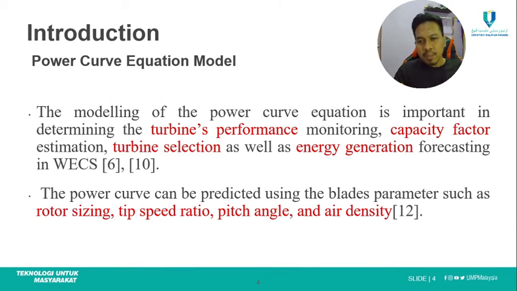What is a power curve model? A power curve model represents the characteristic of the turbine. Each turbine has its own characteristic. For example, we have different types of turbine classification: the vertical axis turbine, the horizontal axis, and the cross flow turbine, each with different power coefficient and tip speed ratio.